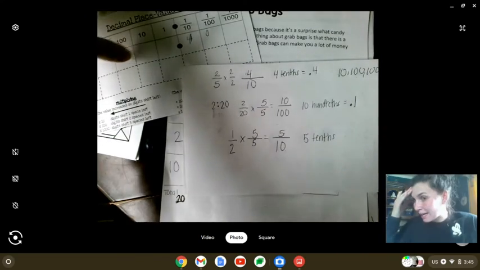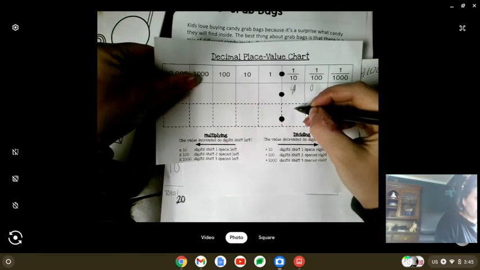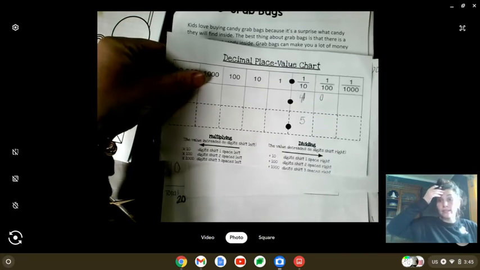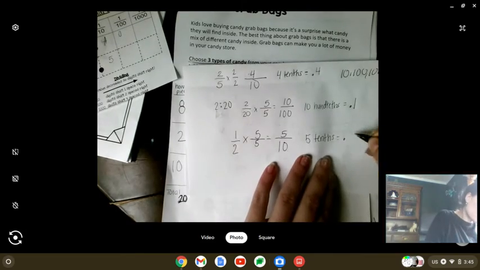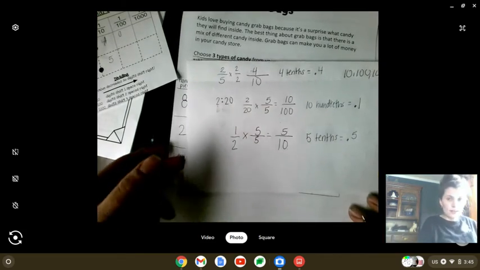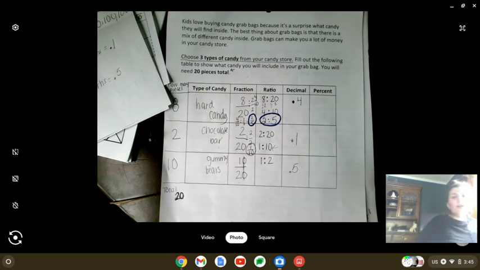Just coming back to it, does anyone remember what 5/10 looks like as a decimal? 5 in my tenths place. 5/10. Go ahead, figure out your decimals, unpause the video when you are ready.